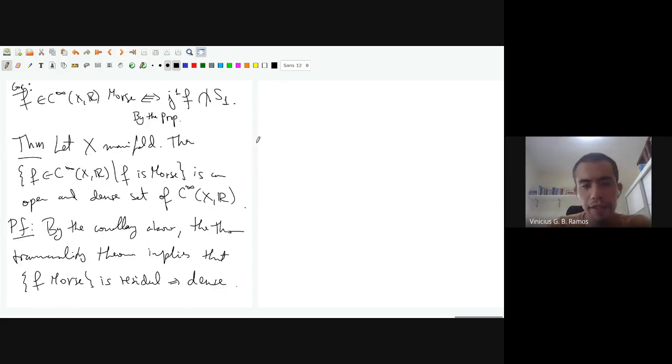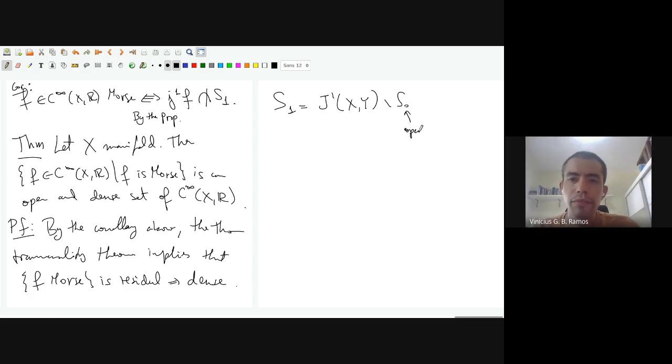But moreover, you're just taking the transverse intersection with S1, and S1 is the complement of S0, because the maximum rank is 1, so you only have S1 and S0. And S0 is always open. So S1 is closed. Therefore, the set is also open.